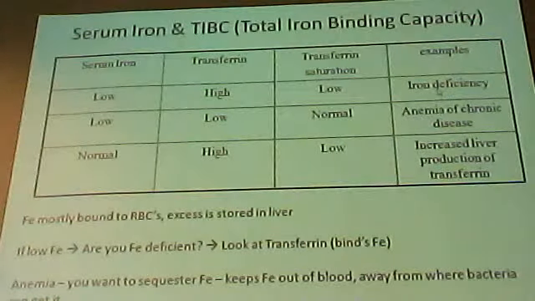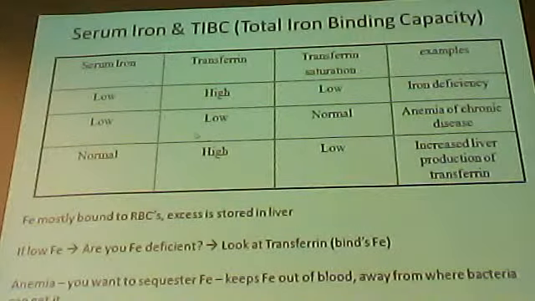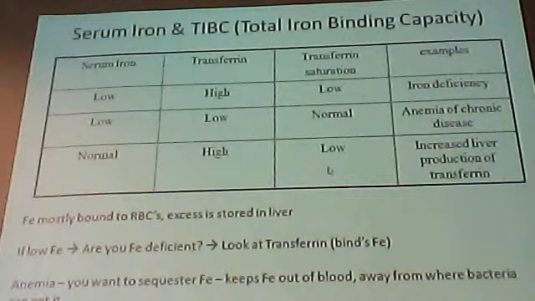That means iron deficient. If you have low iron but low carriers, then it could be normal saturation because it's kind of a 1-to-1 ratio, but then it's anemia of chronic disease. If you have normal iron, high transferrin, but it's not very well saturated, it's probably a liver problem, with too much transferrin. You don't need that much.